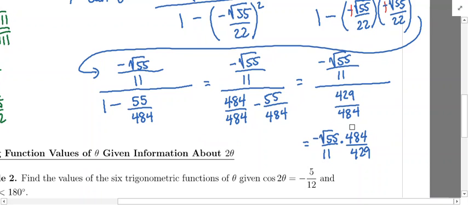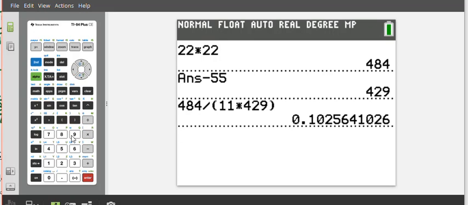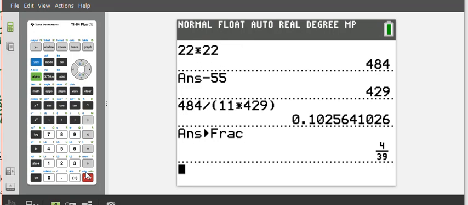I'm not going to mess with the radical here. I'm going to leave the square root of 55 as it is. I'm going to go to my calculator and see if 484 divided by 11 times 429 gives me a simpler answer. I get a decimal, convert it to a fraction. This is going to be 4 over 39.